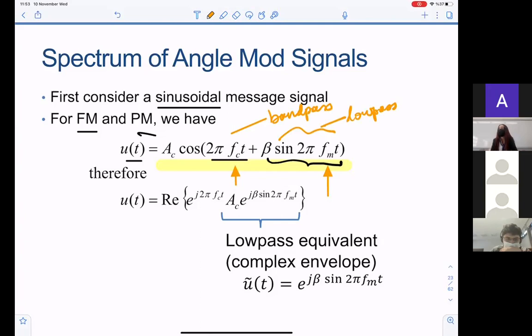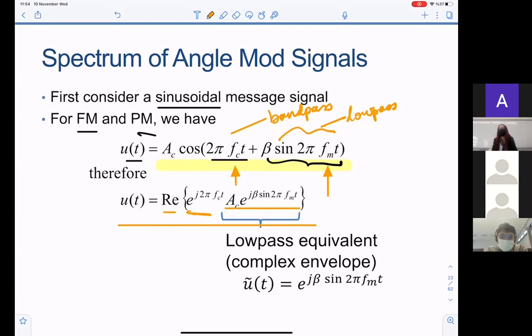But for band pass signals that are translated by a frequency FC, we heavily make use of this representation where we write the real valued signal as the real part of some complex signal translated to FC.